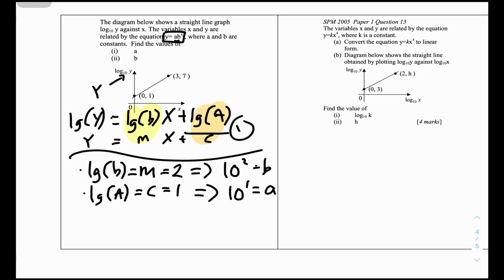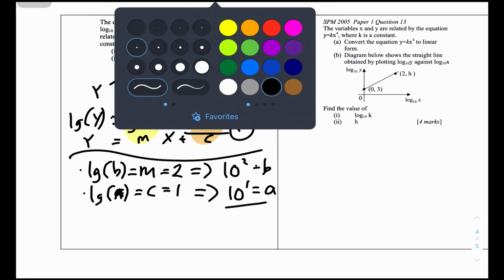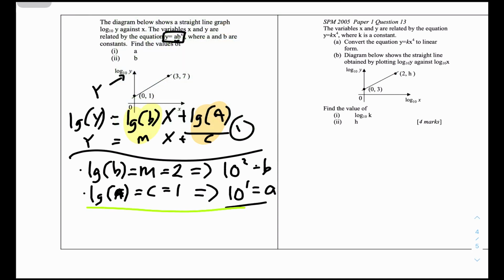Or the small a, not the big a. You can just ignore these two because it's not really relevant. It's just there for me to tell you what the values represent. So you basically have the answer. So number 1, a is just 10 to the power of 1, which is 10. And for 2, b is 10 to the power of 2, which is 100. Right here.